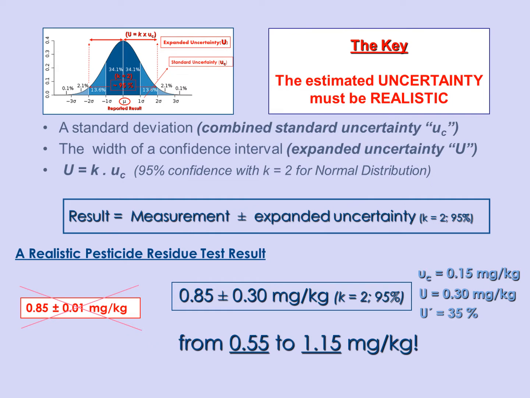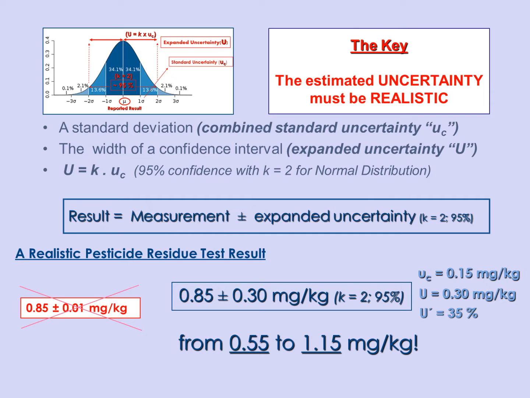The example presented in this slide refers to the measurement of a pesticide residue, and it is assumed that measurement of the identical sample is repeated several times in one or more laboratories, obtaining different results, normally distributed around the mean or the true value.